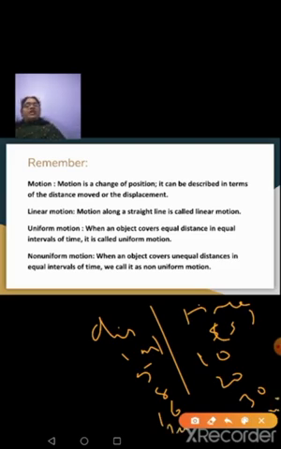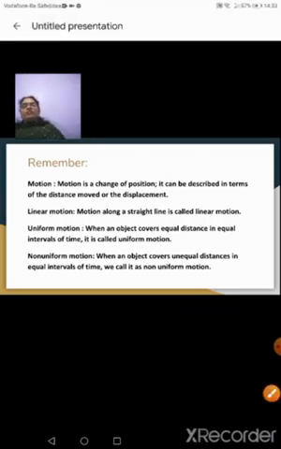Here, every 10 seconds, unequal distances are covered. First 5 meters, then 8 meters, then 16 meters, then 20 meters. Here, unequal distances are covered in equal intervals of time. Such a type of motion shown by an object is what is called non-uniform motion.